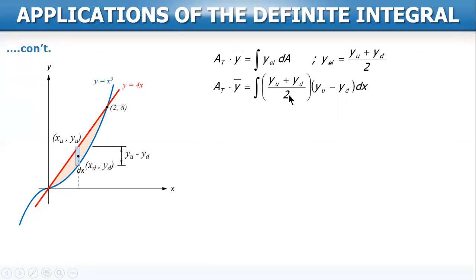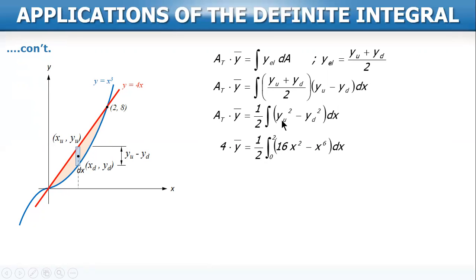Y up plus y down over 2, and then our dA, the area of the rectangular strip, is y up minus y down. So when you multiply, the result is a difference of two squares. Then you replace y up by 4x, the line, and y down by x cubed.